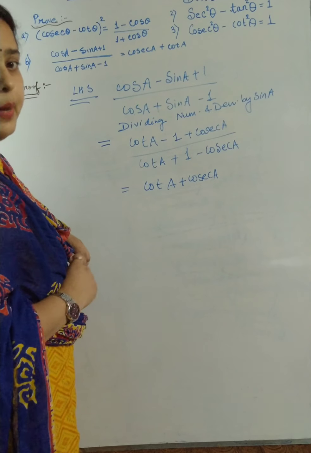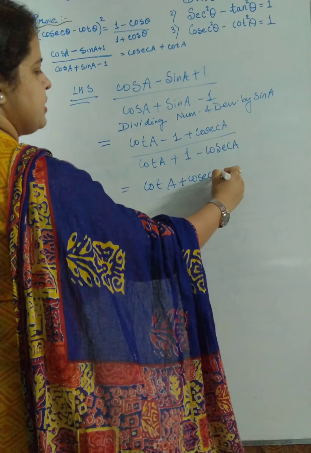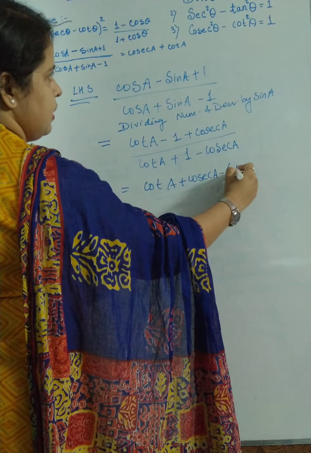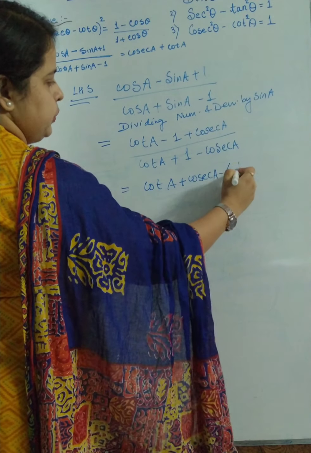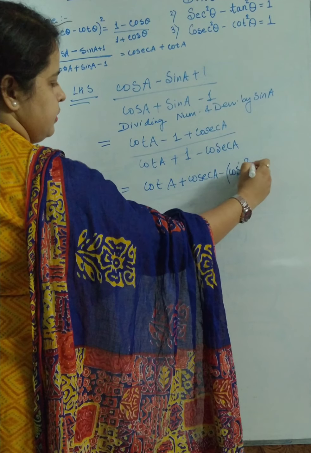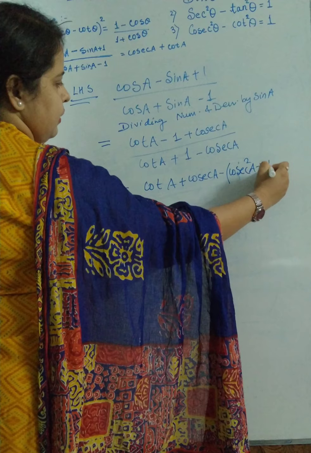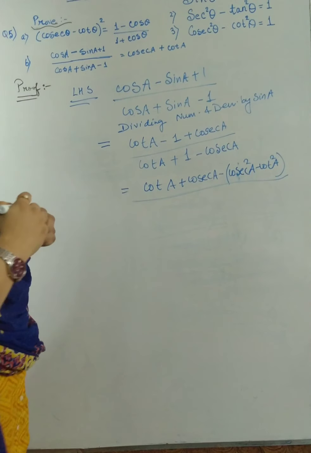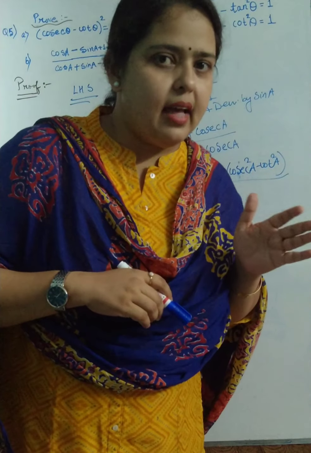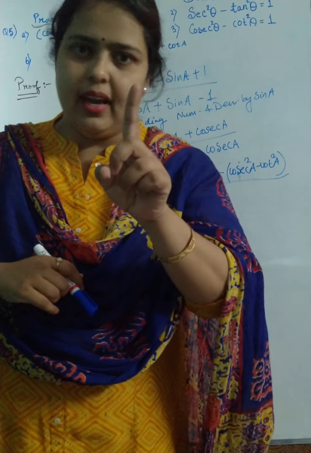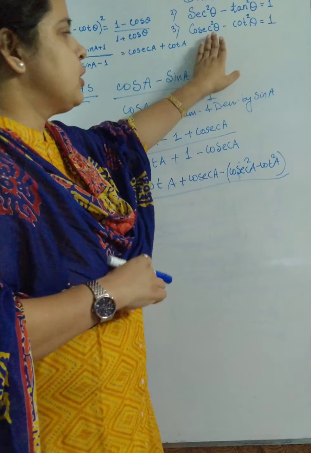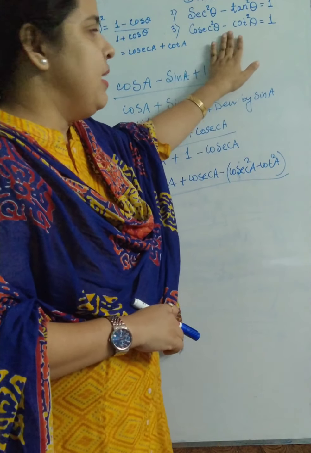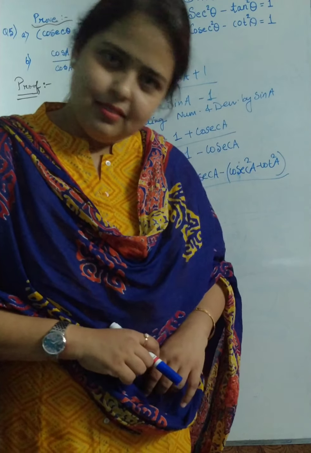Let us substitute in the place of 1. I have an idea to replace this 1 in cosec and cot. 1 can be written as cosec square theta minus cot square theta. Correct?